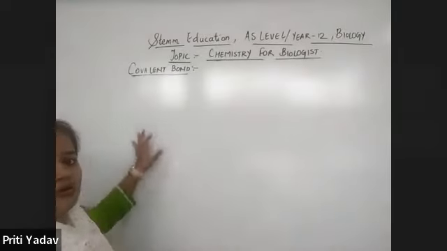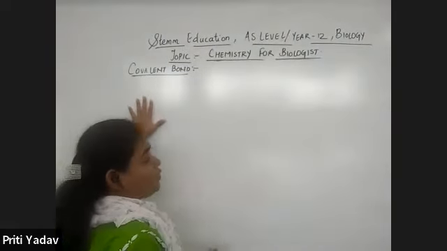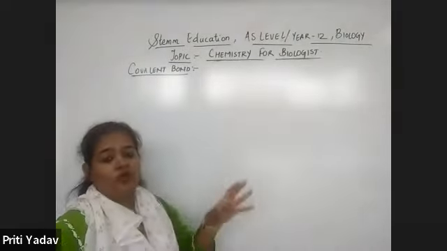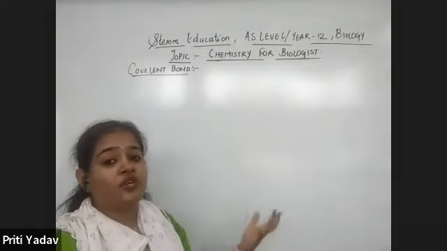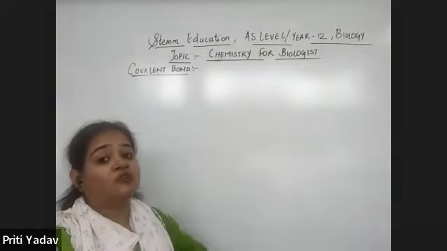After the ionic bond, the covalent bond. So what is a covalent bond? The bond which involves sharing of electrons directly between the atoms.